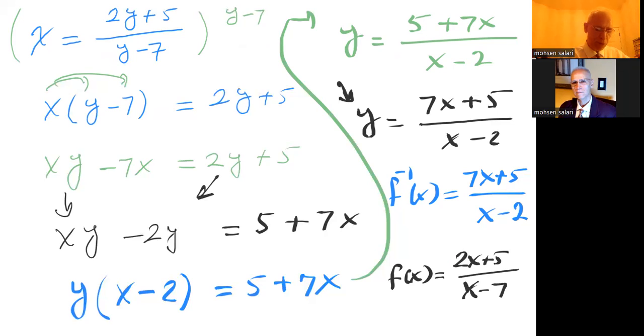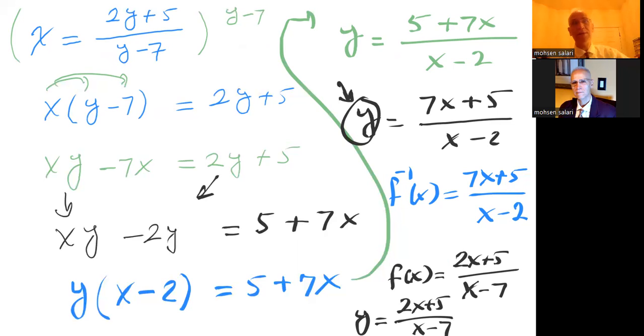So my true y here is y equals 2x plus 5 over x minus 7. So now that we swapped the x and y in the very beginning, this y right here, in fact, is f inverse of x. That step is very important. You should remember that. I'm going to go ahead and do one more similar example.